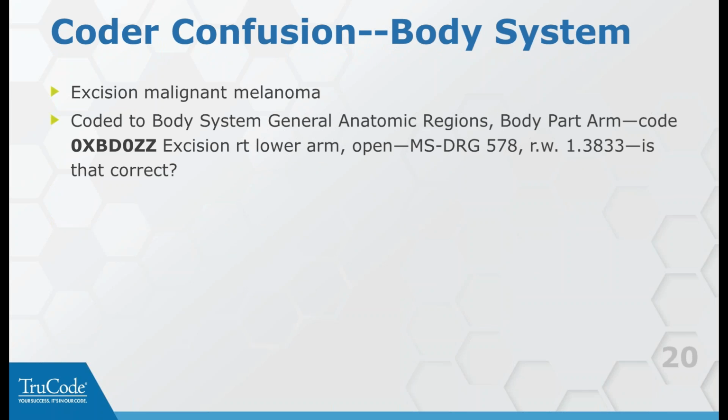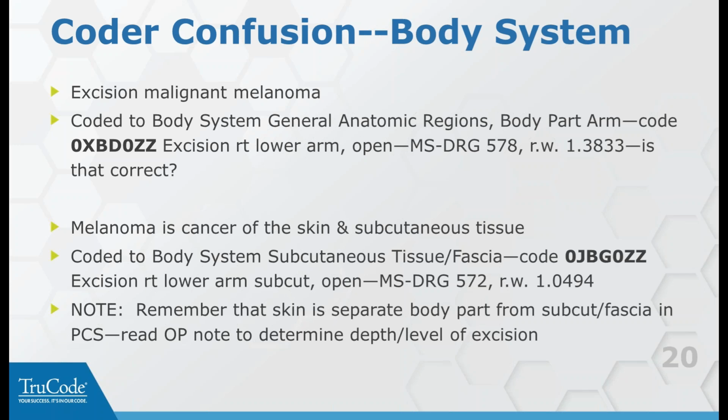So one of the things I found a lot of confusion about is the character for the body system itself. And one of the errors that they found happening pretty regularly was excision of a malignant melanoma being coded to the body system general anatomic region, body part arm. And you can see the code there on the slide and the DRG that groups to. Is that correct? No, it is not, because melanoma is a cancer of the skin and subcutaneous tissue.